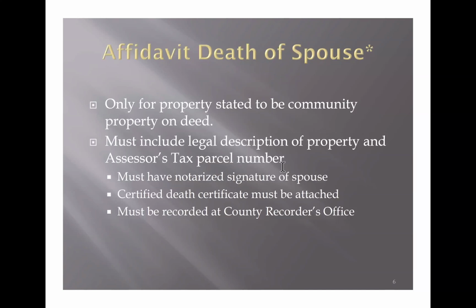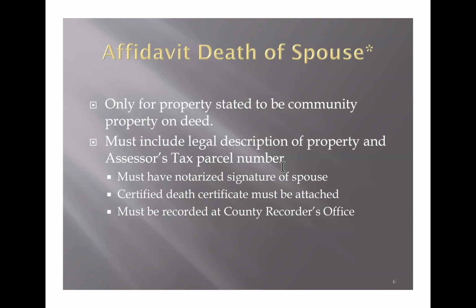The affidavit death of spouse really only works if the property is stated to be community property on the deed, because otherwise title companies who issue the insurance for a transfer are going to worry that it was really separate property and there were other heirs. So only if it says right on it, it's community property, and that's not very common in deeds.